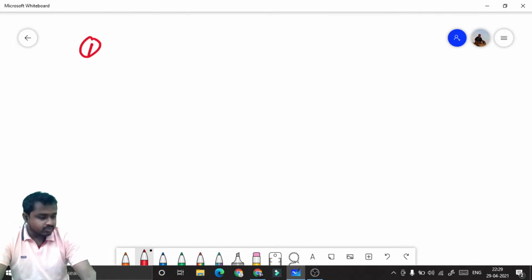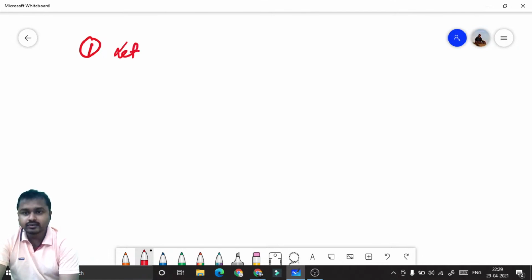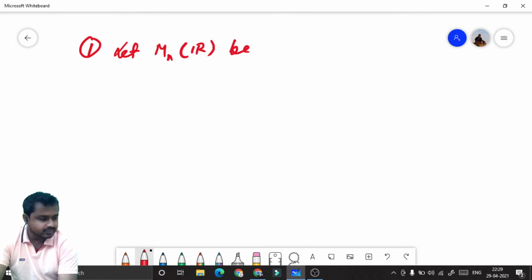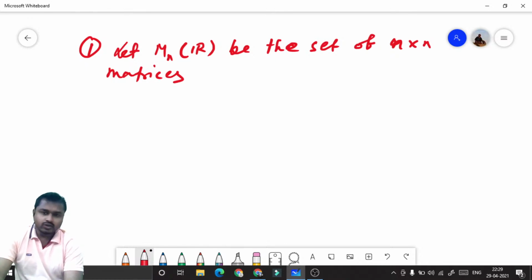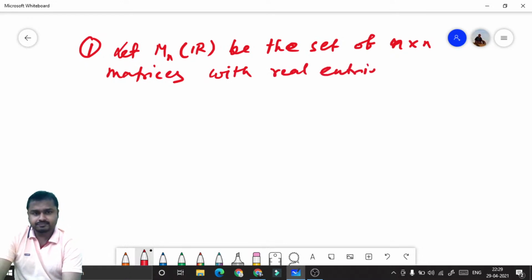Problem 1 says: suppose M_n(R) is the set of n cross n matrices with real entries. Then which of the following is true?